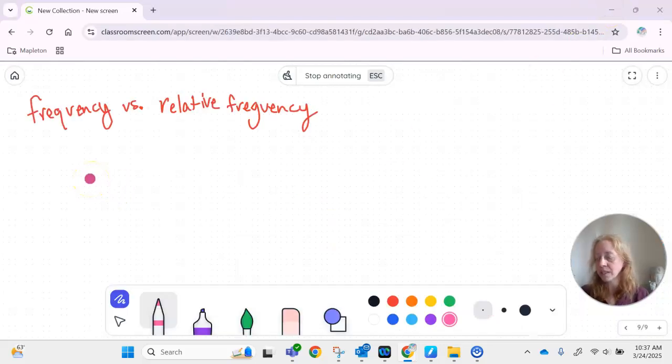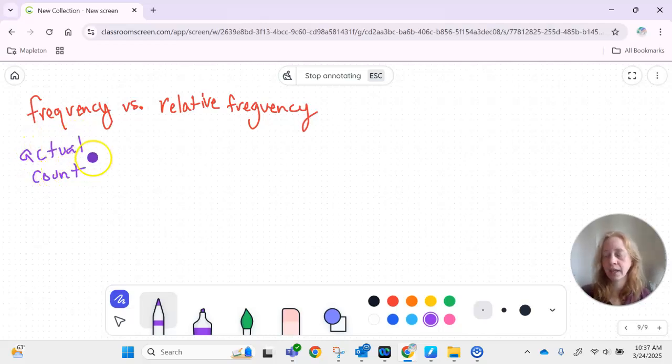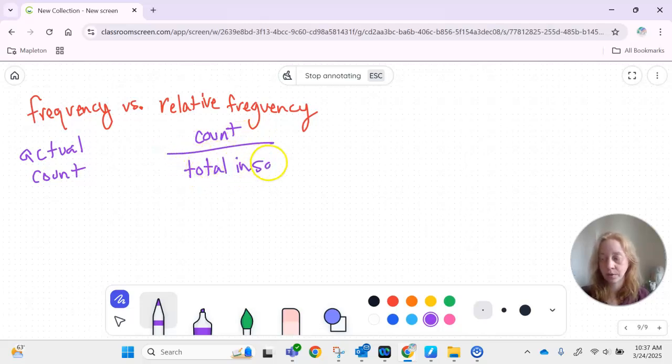Okay, so frequency is the actual count. Relative frequency is the actual count divided by the total in the sample. So like 1 divided by 100 or 17 divided by 100. That's the only difference between frequency and relative frequency.